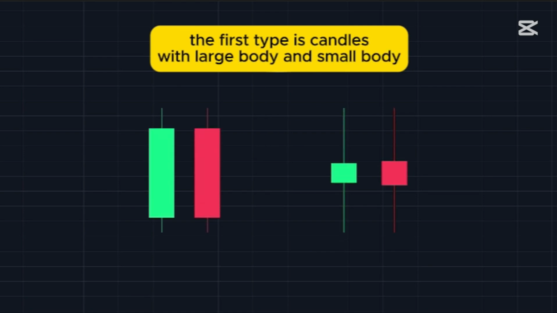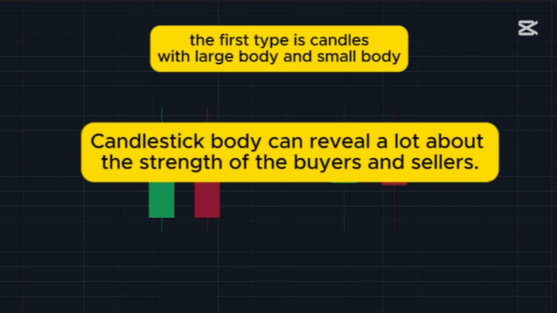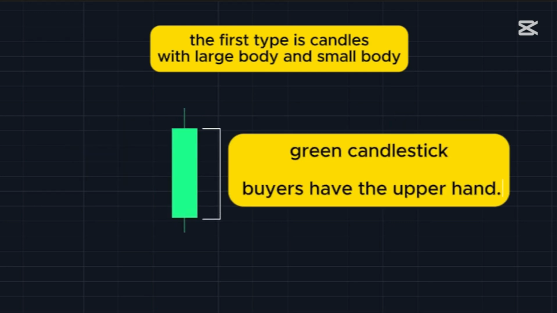The first type is candles with large bodies and small bodies. The candle body reveals a lot about the strength of the buyers and sellers. For example, look at a large green candlestick. This type of candle shows the buyer has the upper hand.